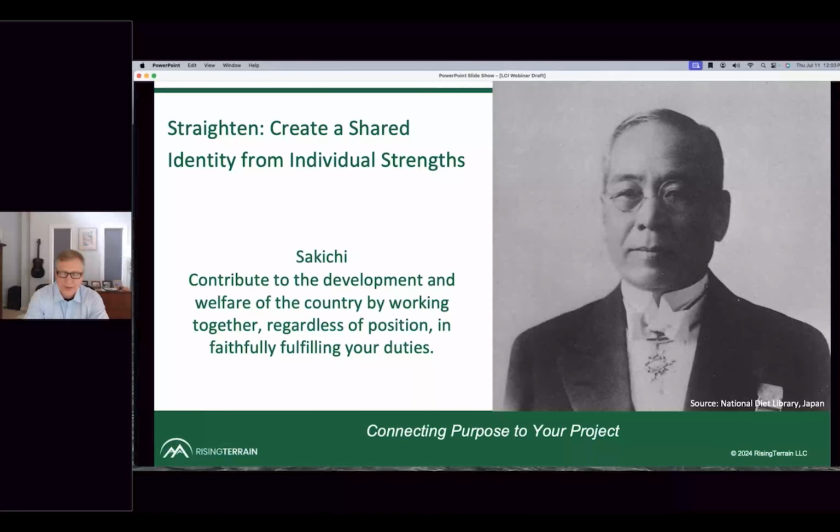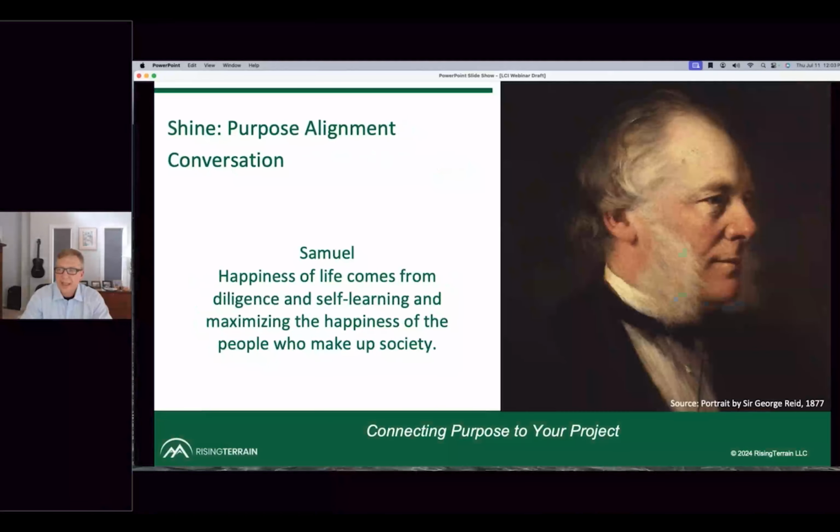This idea of straightening, I've likened to creating a shared identity, because you're now organizing everybody's strengths on the project, and how you're connecting them, how you're understanding them as a single group, and to a certain degree how and why you're coming together. Then this purpose alignment conversation is where you polish what your shared identity is about.